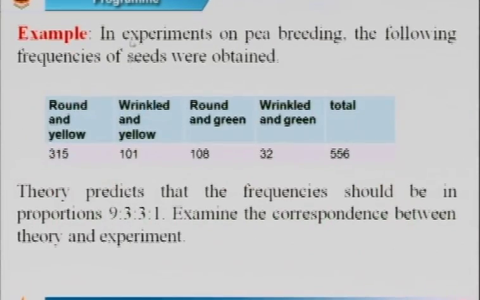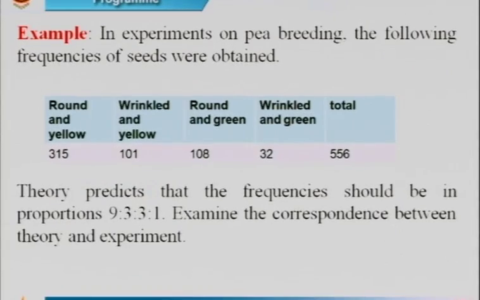Then the commonly discussed type of situation is Mendelian genetics. In Mendelian genetics, Mendel grew different types of garden pea seeds. In these garden pea seeds, you will find the varieties round and yellow, wrinkled and yellow, round and green, wrinkled and green.